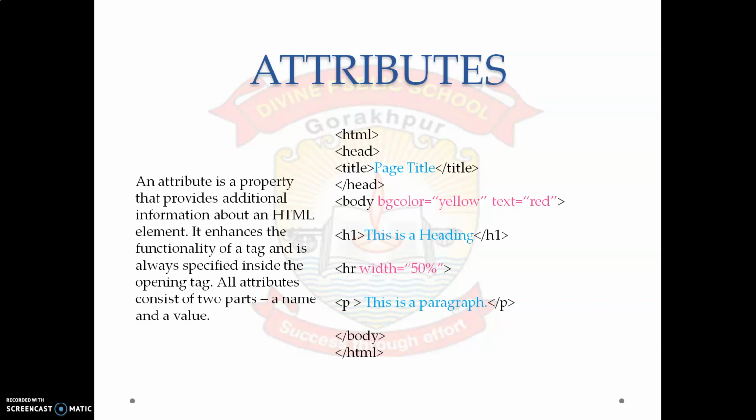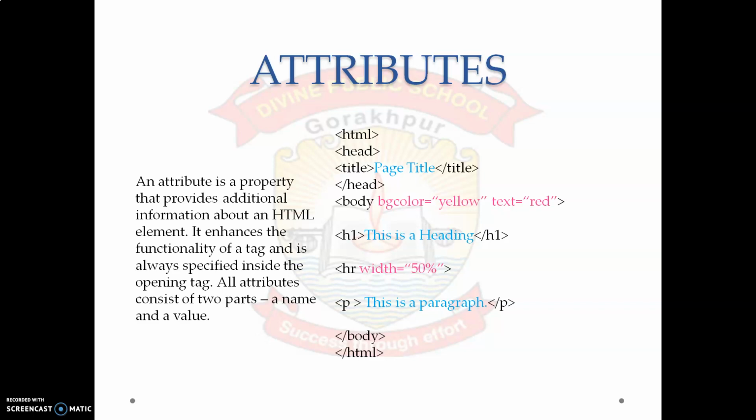It means if we are using any tag where a basic formatting is there, but we want to change that formatting, then what do we have to do? We have to use an attribute. Like here an example is there where the body tag has bgcolor equal to yellow, text equal to red.